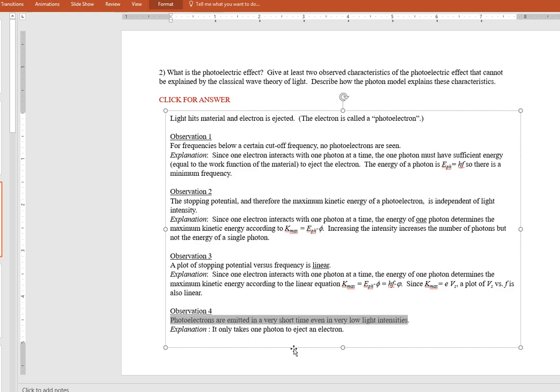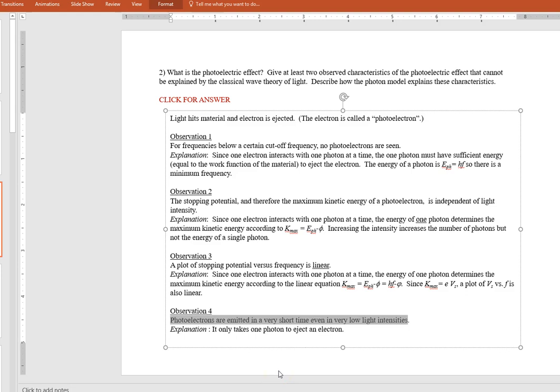So the photoelectric process is occurring very quickly, even in extremely low light intensities. And that's the caveat. So if you're barely illuminating this metal, you still have photoelectrons being ejected very quickly. And if you crank up the intensity, that time for the first photoelectrons to be emitted is essentially the same. So even in very low light intensities, this is occurring very quickly.